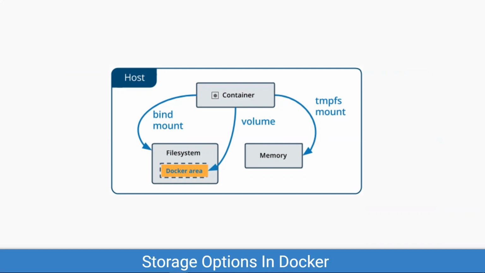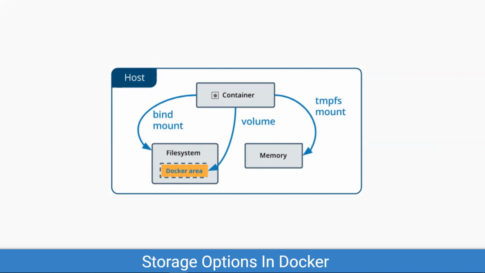Volumes are part of the host file system, but managed by Docker at a specific path, and should not be modified by other applications. Bind mounts can be placed anywhere on the host, but can be modified by other applications. Lastly, temporary file systems are in the host's memory space, and they never get written into the file system.